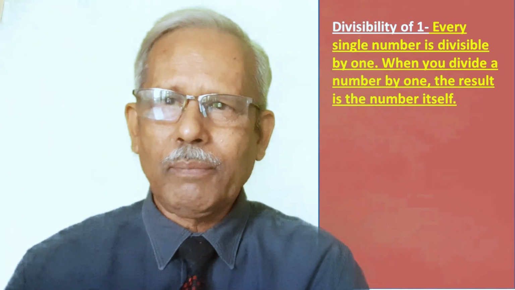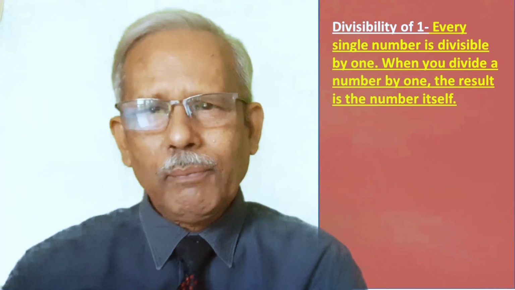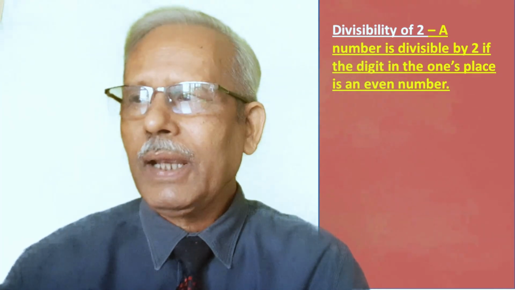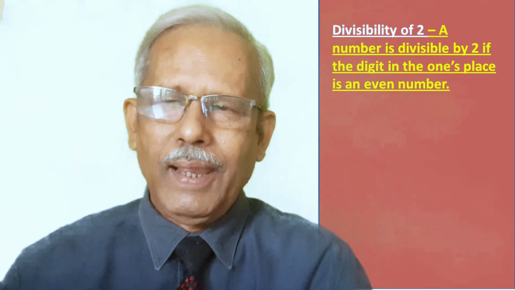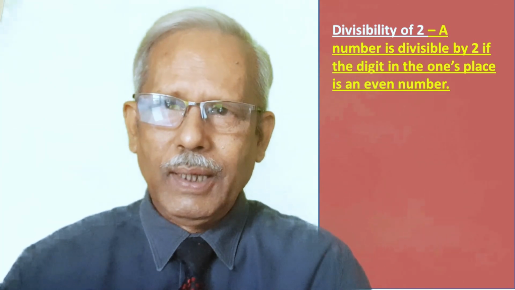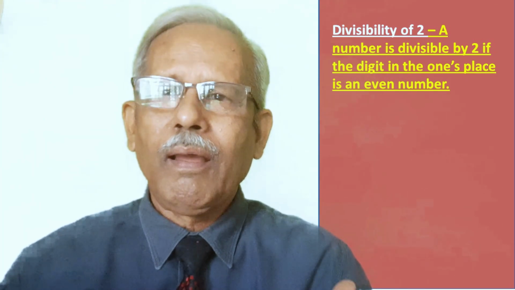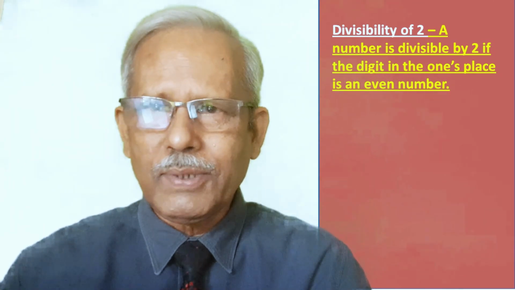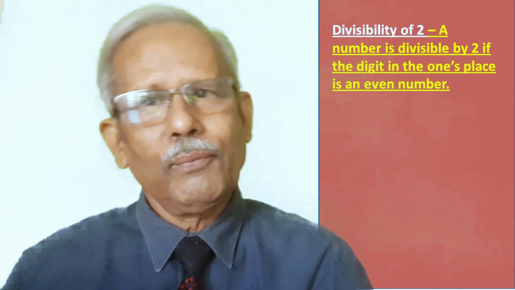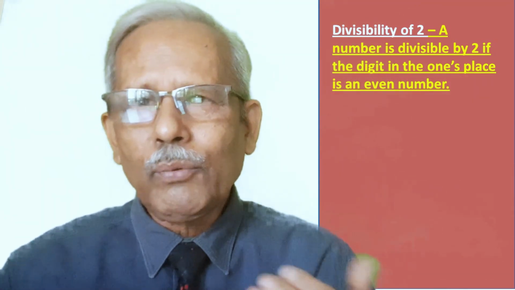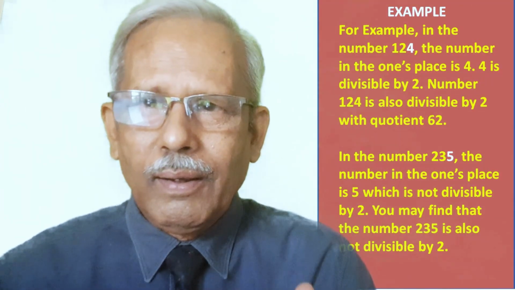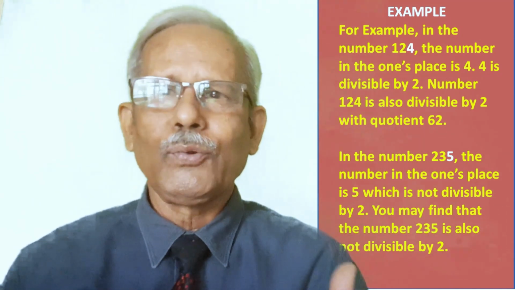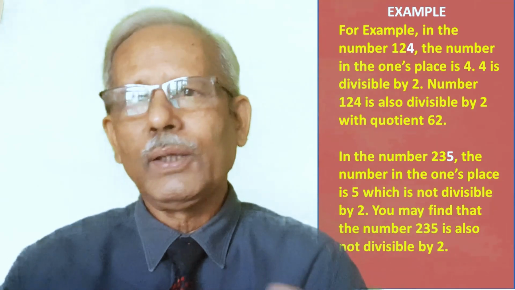How can we establish that a number is divisible by 2? A number is divisible by 2 if the digit in the ones place is an even number. That's quite simple to see. For example, in the number 124, the digit in the ones place is 4, and we know that 4 is divisible by 2, and therefore 124 is also divisible by 2.